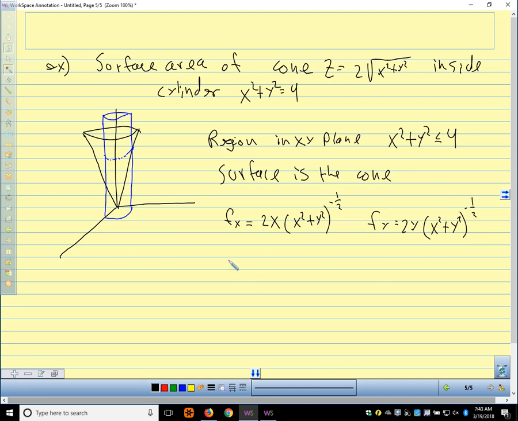And this integrand, the square root of f sub x squared plus f sub y squared plus 1, is this quantity. It looks not very nice. 4x squared over x squared plus y squared plus 4y squared over x squared plus y squared plus 1.